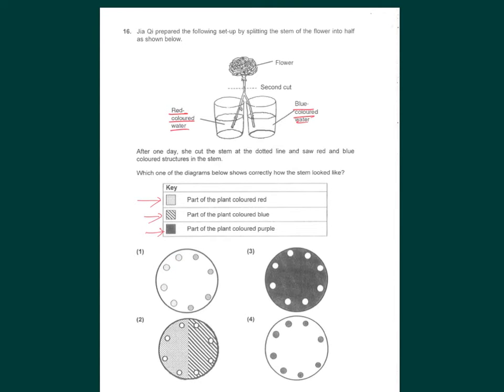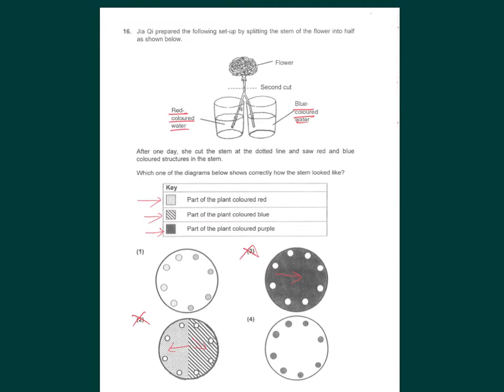We do not expect any of the dye to be found in between here. So straight away I can rule out option 3 and option 2, because you have got dye that's coming to these sections here, which is not possible.